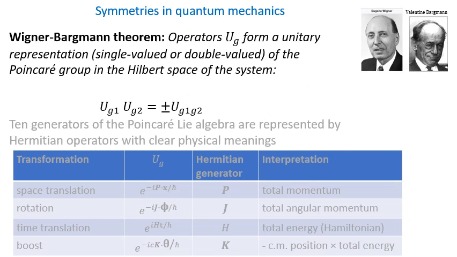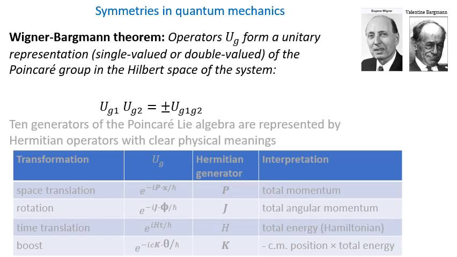Wigner's theorem told us about a Hilbert space representation of a single inertial transformation. But we know that the set of all such transformations forms a group. A theorem due to Wigner and Bargmann tells that there must exist a unitary representation of the Poincaré group in the Hilbert space of the system.